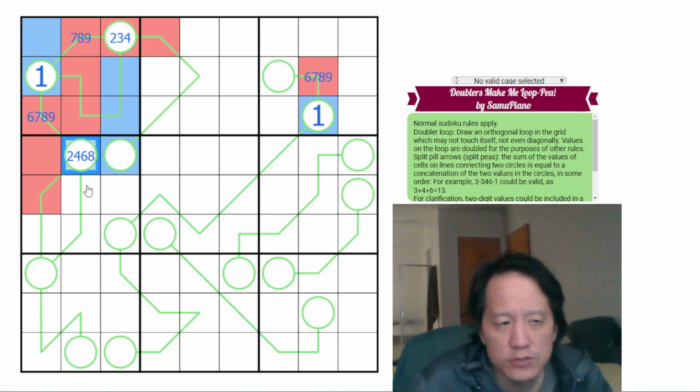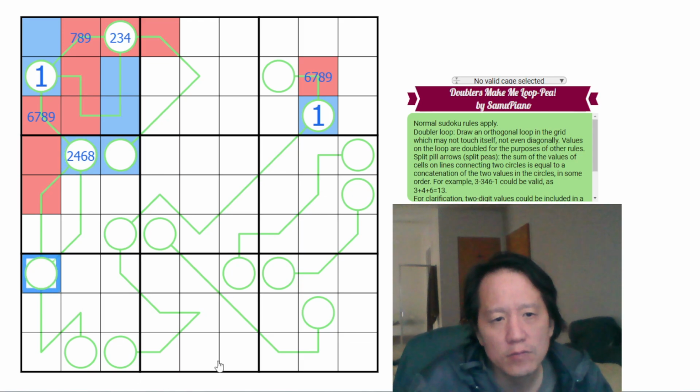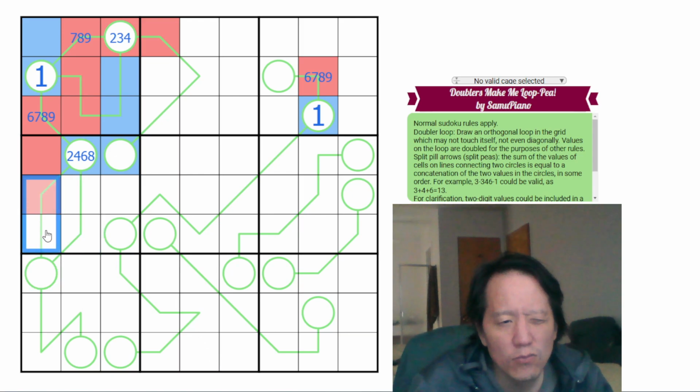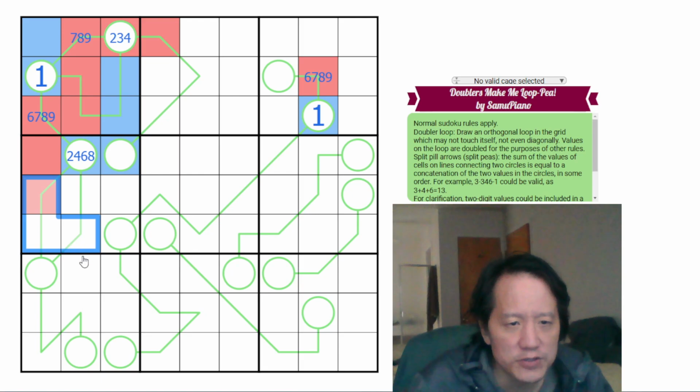We need a 2. Not necessarily. Okay, that's not necessarily true. We do need something here, though. And it cannot be doubled? It could be doubled, right? This is interesting. So only 3 of these at most can be doubled. It probably does have to be 3, though.